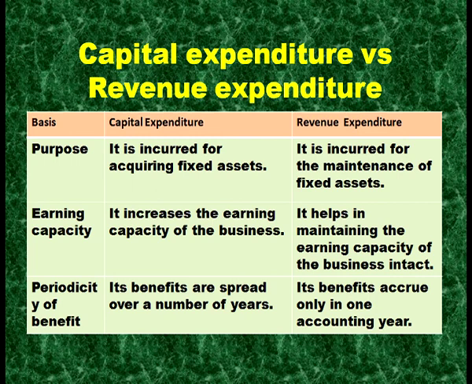Next one is periodicity of the benefit. Capital expenditure benefits are spread over a number of years, whereas revenue expenditure benefits are meant only for one accounting year. Next is placement in financial statements.